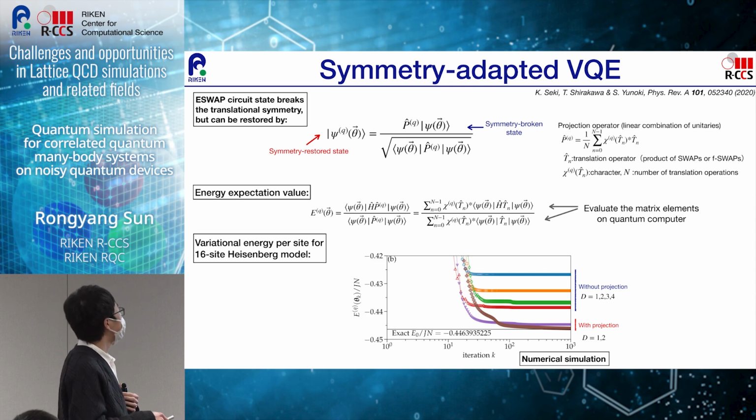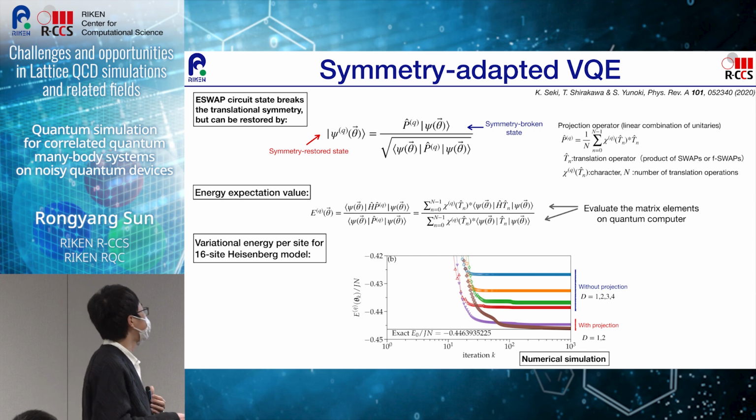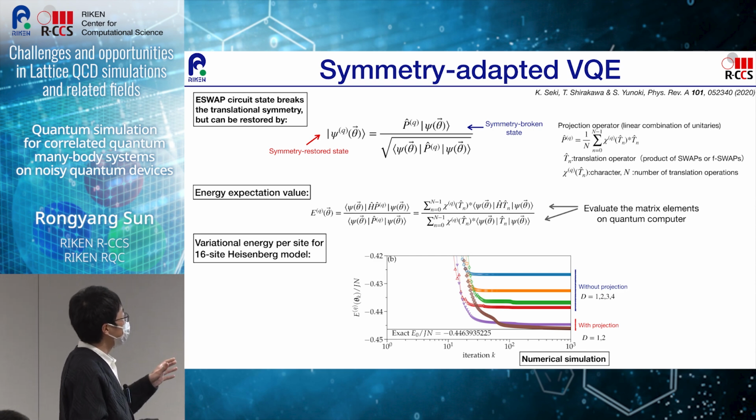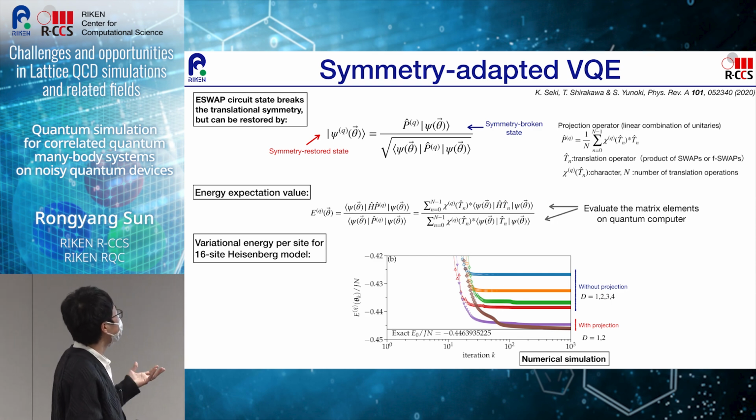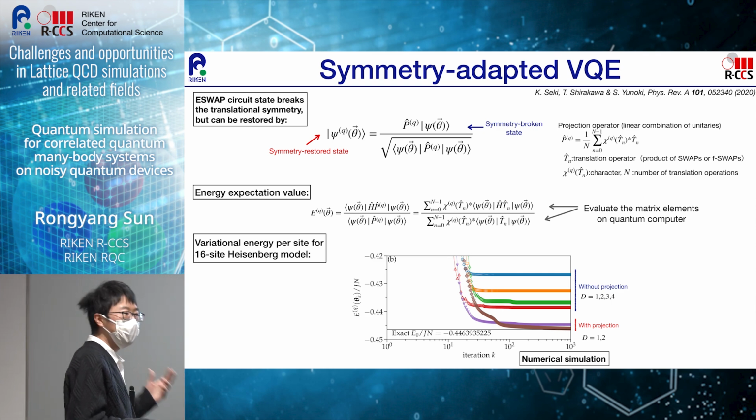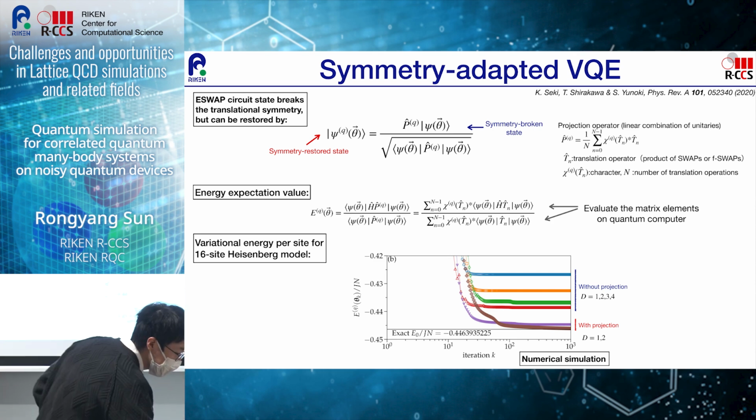Then finally your energy expectation value has this form, and you can evaluate each term individually on the quantum computer, and then sum over them on a classical computer. You will see that in a much larger system, after you consider this projector procedure, using a very shallow circuit you can actually achieve the exact ground state, which means restoring the physics on a quantum computer is very important.